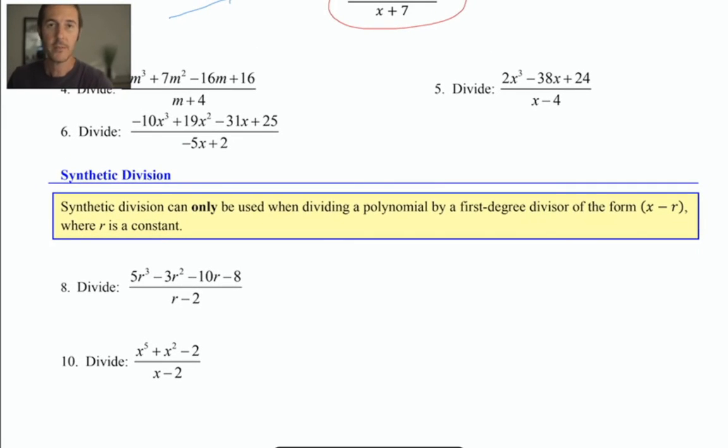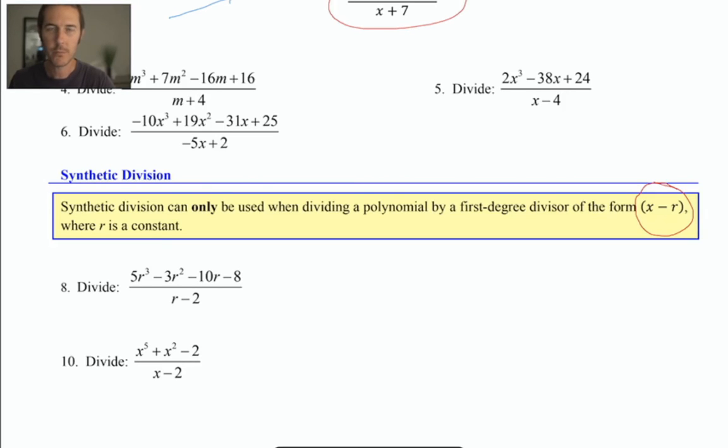There we go. As it says in this yellow box, we can only do synthetic division when we're dividing by a polynomial that's first degree. So that says x minus r. Could we divide by 2x minus 5? You can, but I would modify the process a little bit. I think maybe if it says 2x minus 5, I would still do long division.